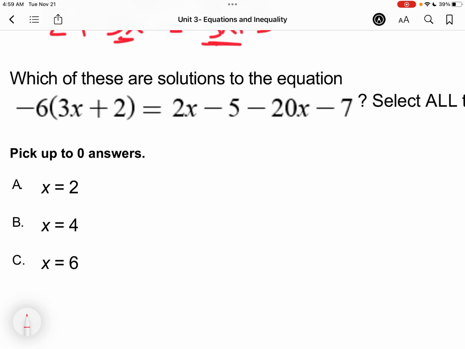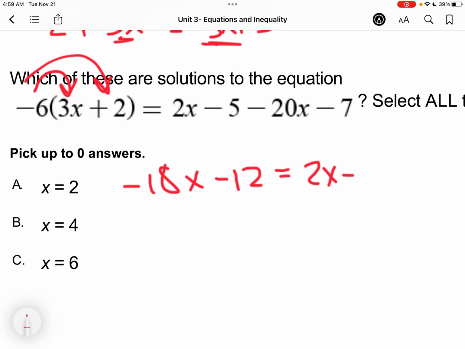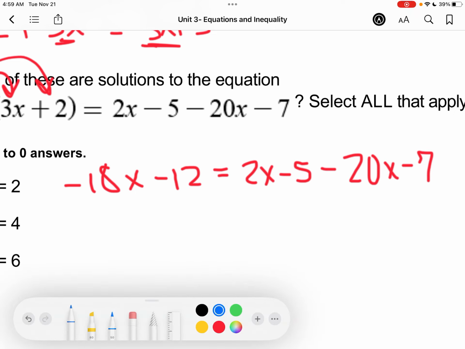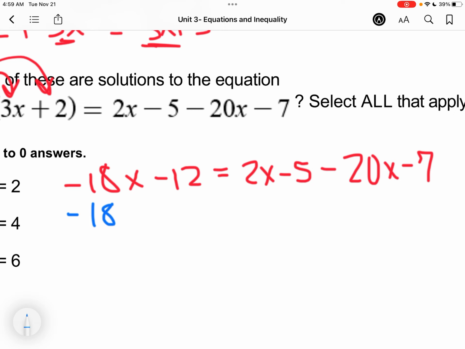Which of these are solutions to the equation? I'm going to combine my like terms.